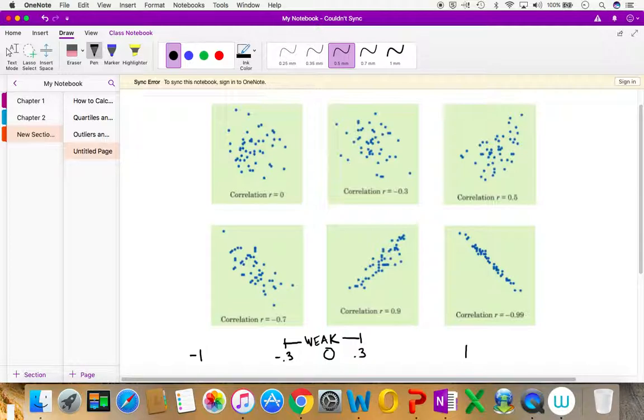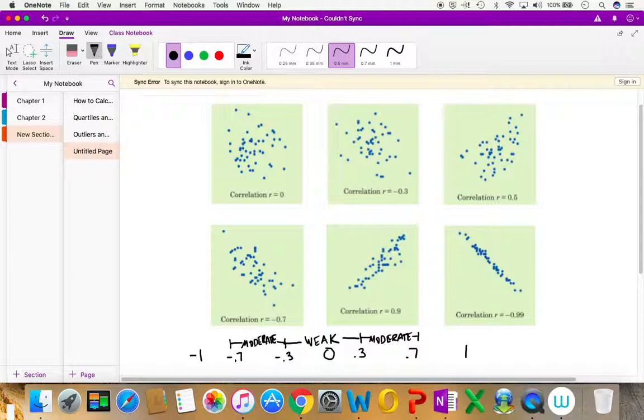And then anywhere from, say, negative 0.3 to negative 0.7, we would say it's a moderate or moderately strong correlation. Again, that would be from negative 0.7 to negative 0.3. And then also in the positive direction, from 0.3 to positive 0.7, we would say it's moderate. You can follow again this little number line here.